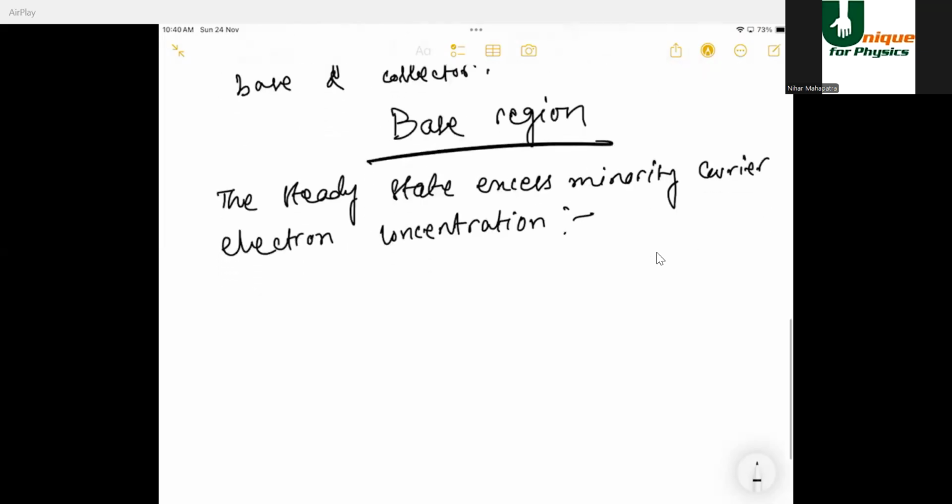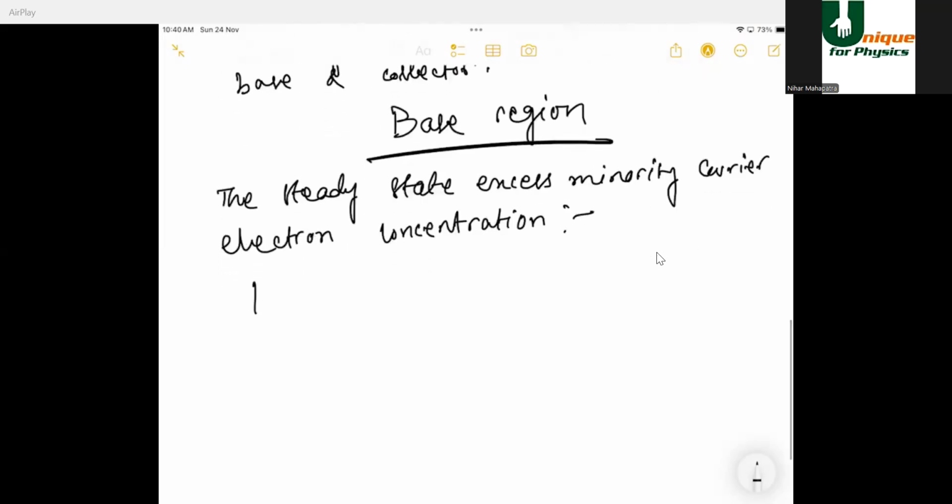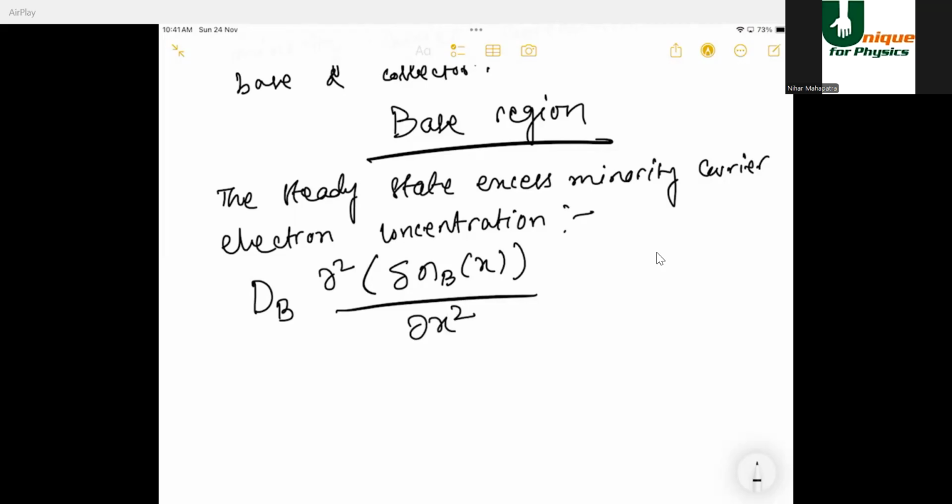Okay, so that we can write for the base region. I'm writing, so the diffusion coefficient DB for the base region, del square delta NB x, delta NB I have taken as the excess minority carrier electron concentration, over del x square. Okay, and then delta NB over tau B0, this is equal to 0.